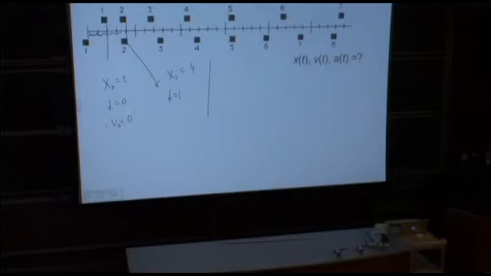But if we wait 1 more second, so t equals 2. X2 equals 1, 2, 3, 4, 5, 6, 8. 8 blocks, 8 meters, etc. We don't need too many points.